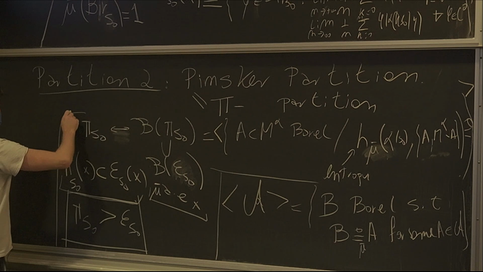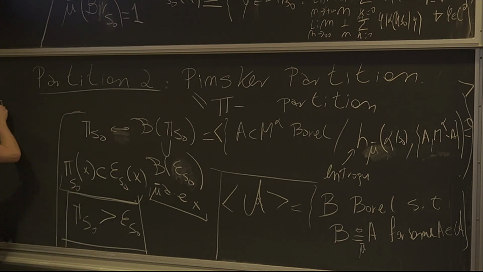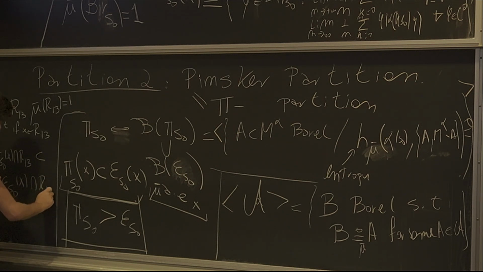So what I mean is that there exists a set R13 of full measure such that if X is in this set R13, then pi S naught X intersected with this set is contained in the epsilon S naught of X intersected with this set.